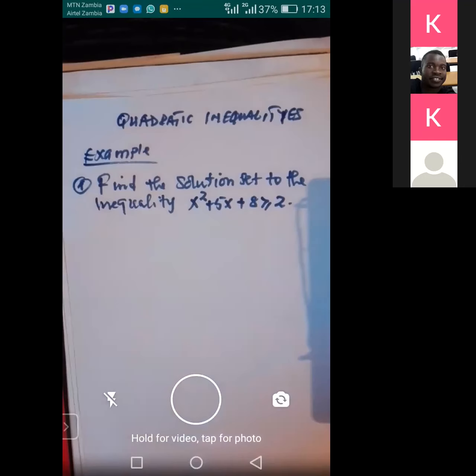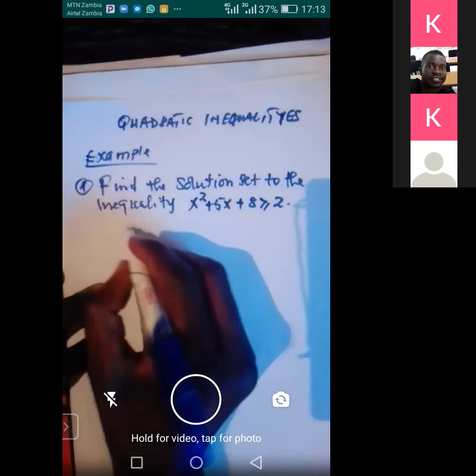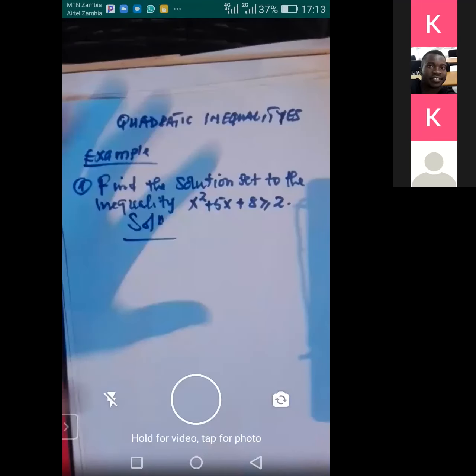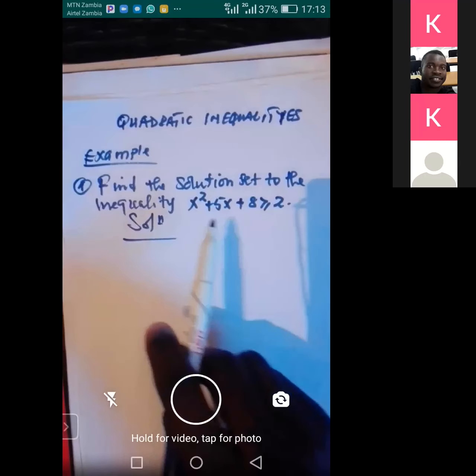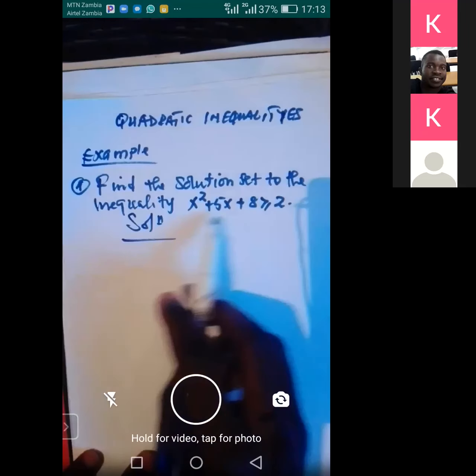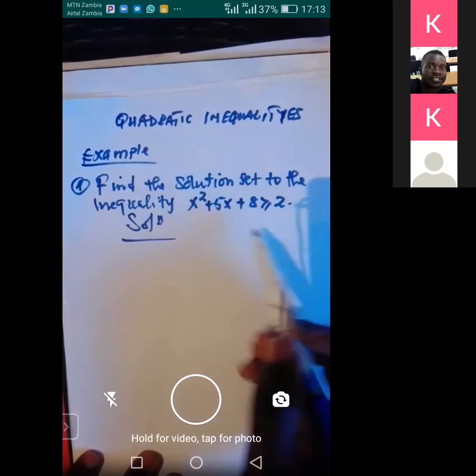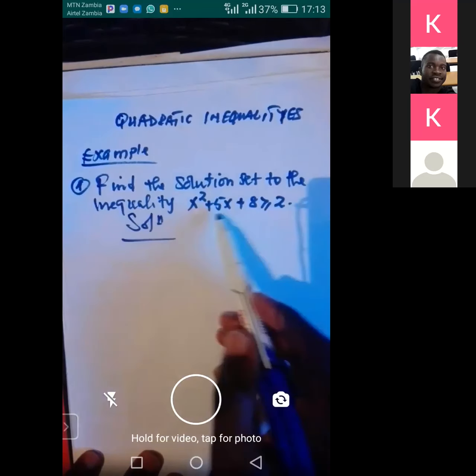So as usual, we want to find all values of x for which this inequality is going to hold. In this case, this is a quadratic inequality. And as usual, you know how to deal with quadratic equations. So you are going to factorize this one here, and then do some rearrangements.